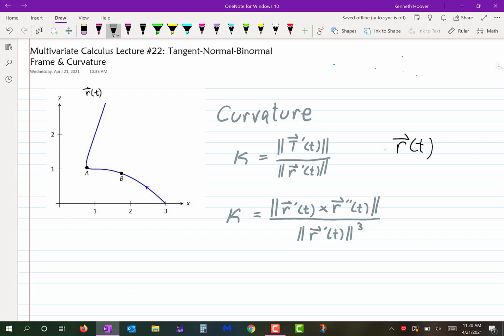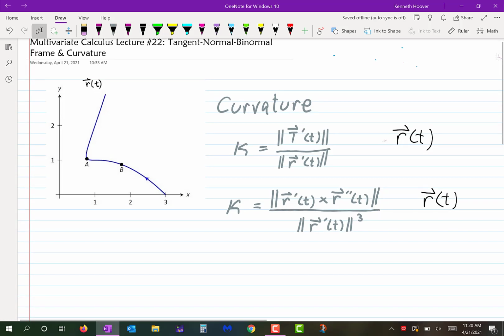So once again, if you're given a vector valued function, r of t, then you can calculate the curvature with this formula. Okay? Or with this one, whichever one you want.